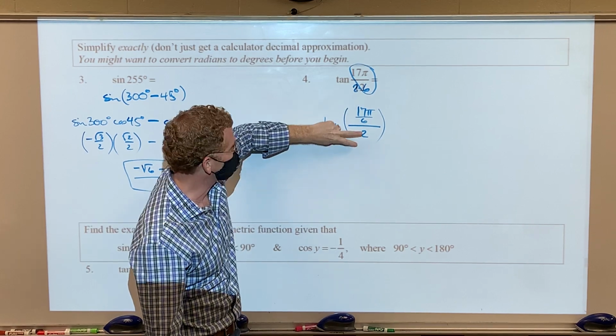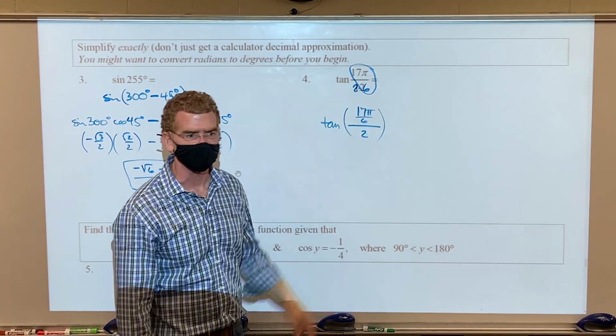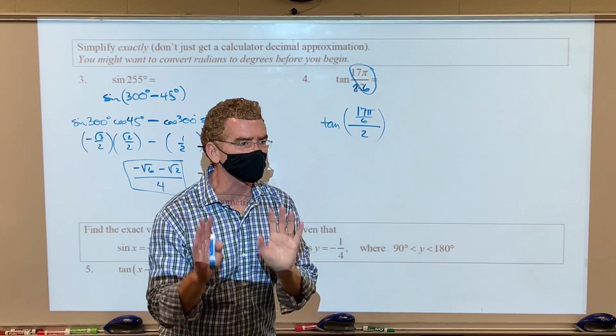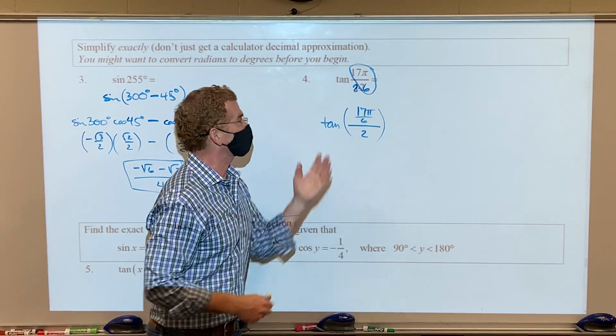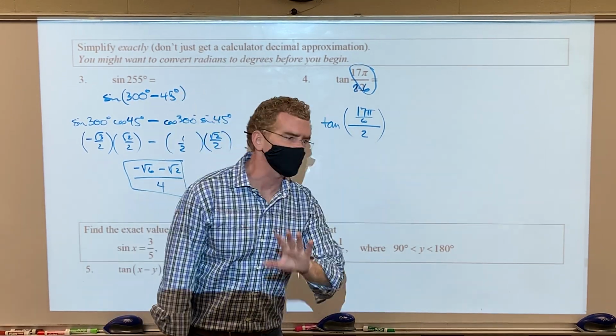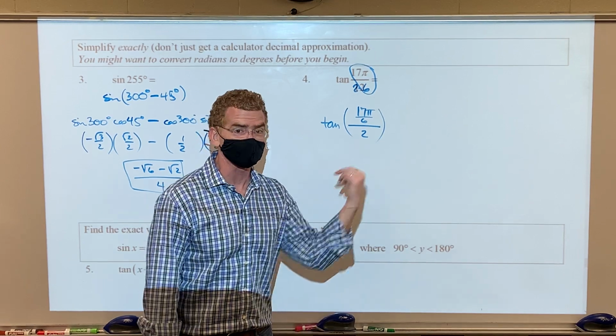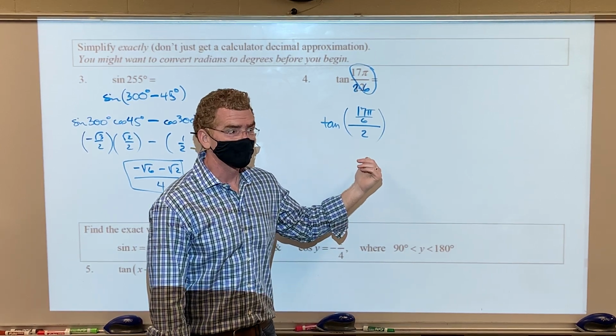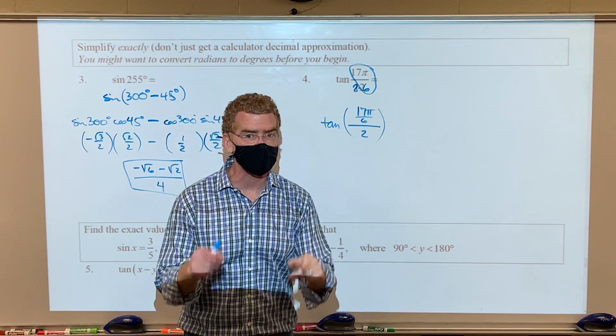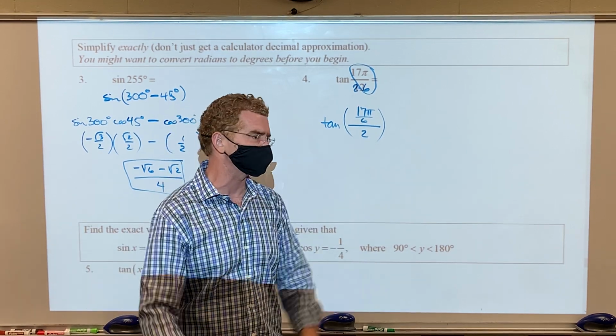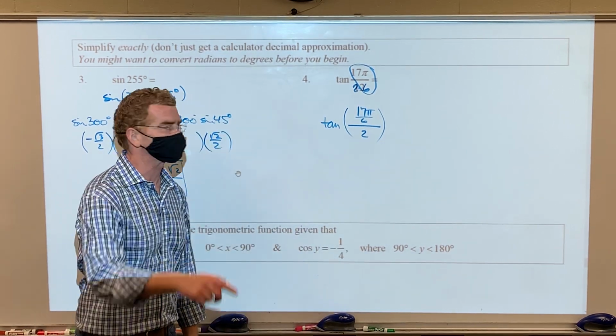Because to divide by that 2, I would multiply by a half, and you'd have the 2 and the 6 on the bottom. If you can ever rewrite something as a half angle, like if I had tangent of 15, yes, I can do 45 minus 30, but you're going to see why you hate it in a second. But if I could rewrite it as 30 over 2 and do a half angle identity, super easy for tangent. And I'll talk about that tomorrow again.